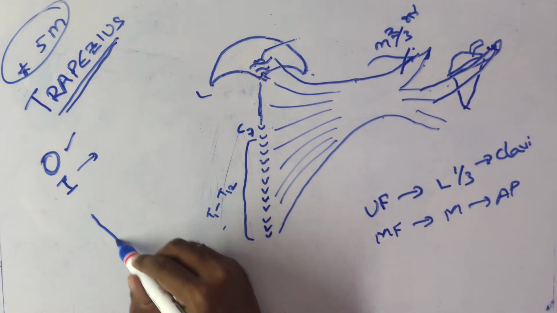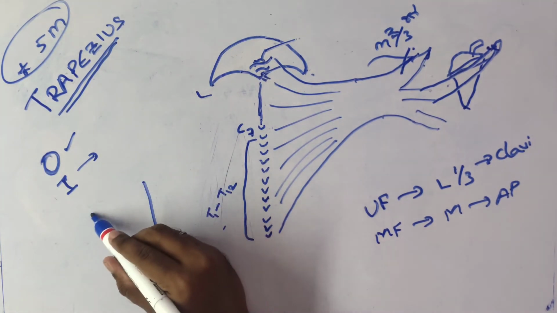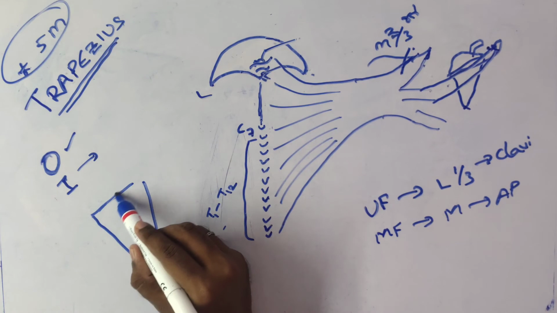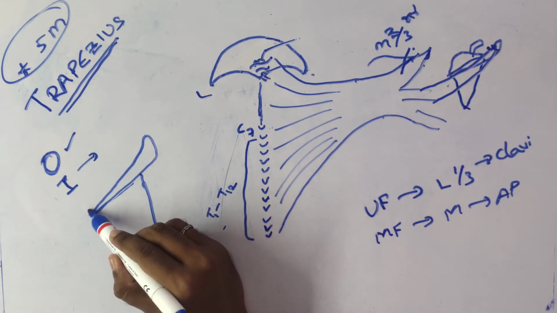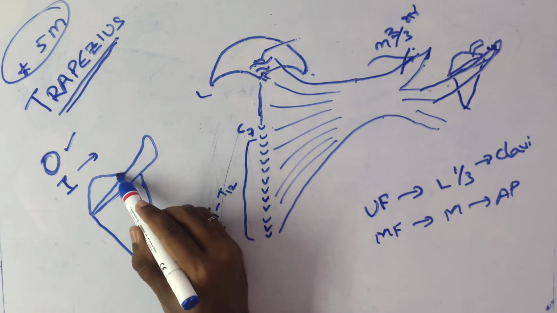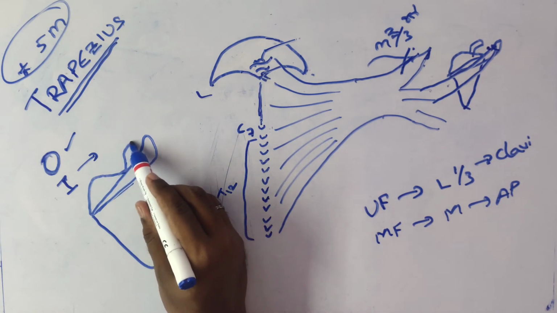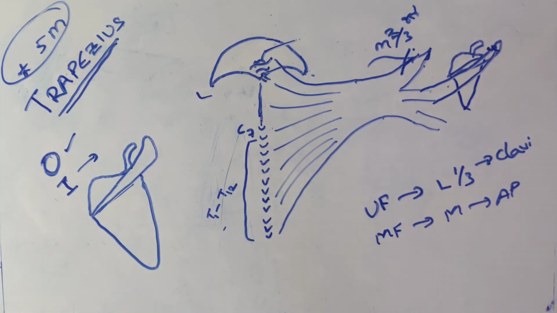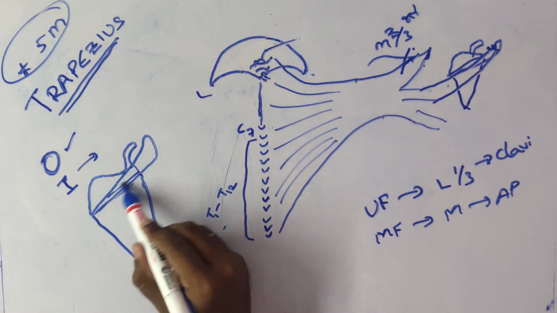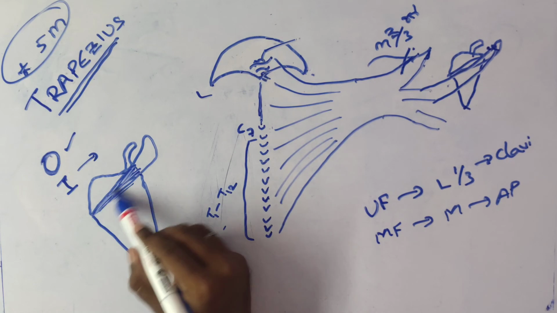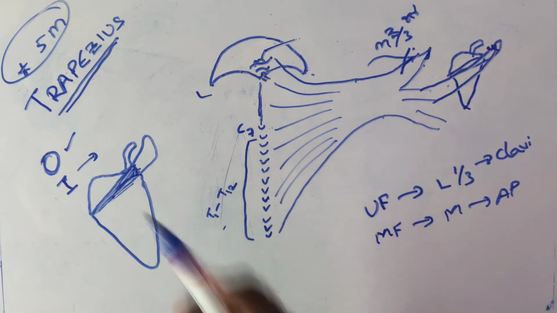See here, this is the clavicle bone, and it is the scapula, it is the spine, and it is the acromion process. This is the superior triangular area. Think that it is the spine; the darkened place is called the triangular area of the spine.